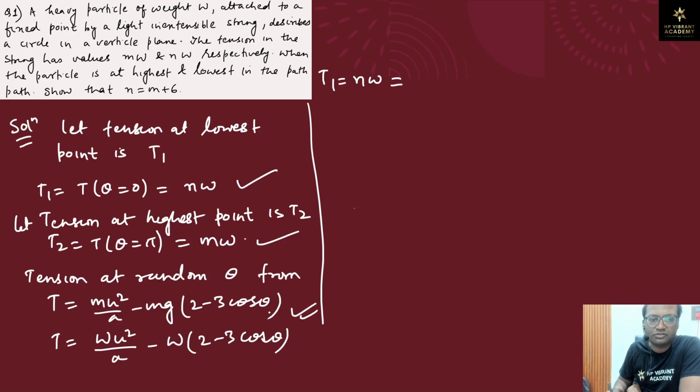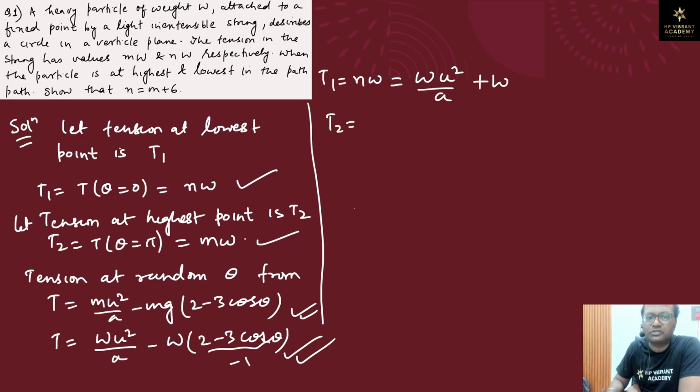Let us put theta is equal to 0 in this particular expression. So W u square upon a minus W into 2 minus 3 cos theta. 2 minus 3 is minus 1. So this value becomes minus 1, so this is plus W.